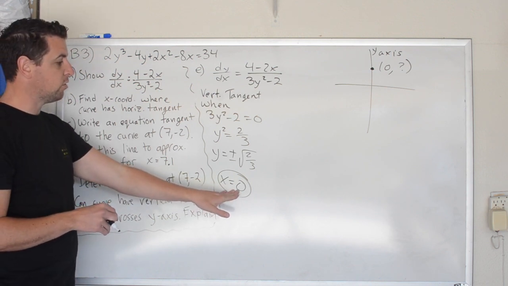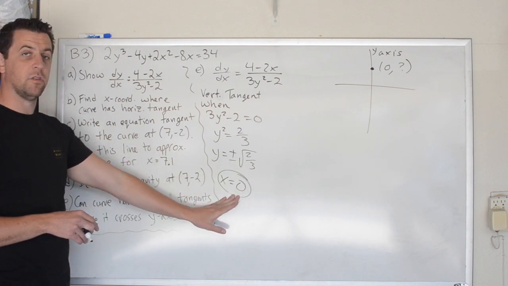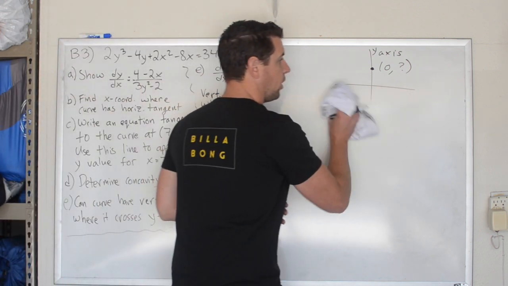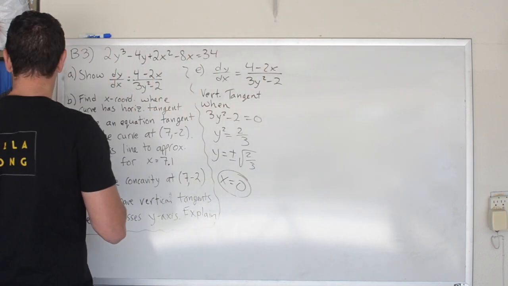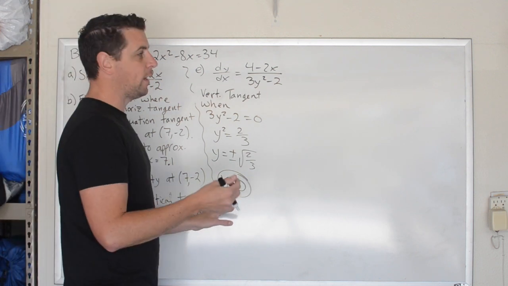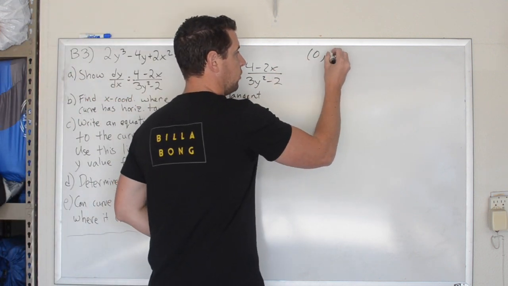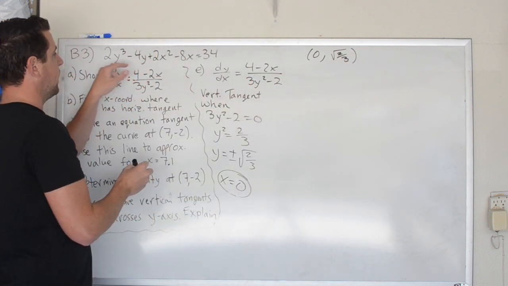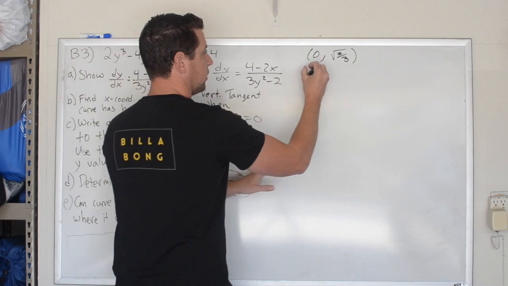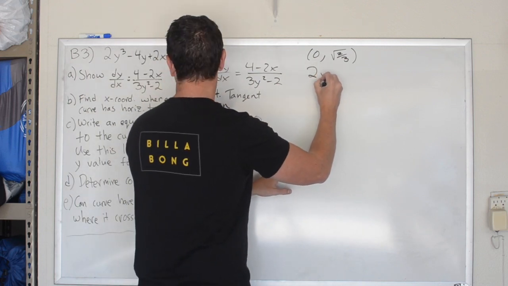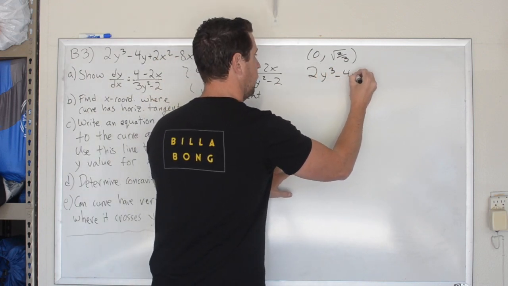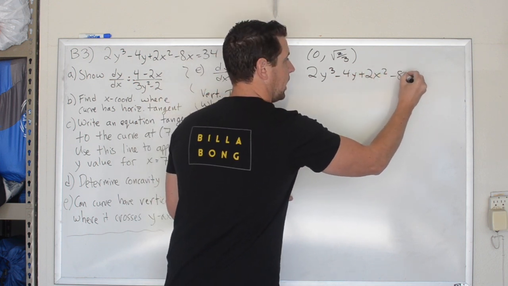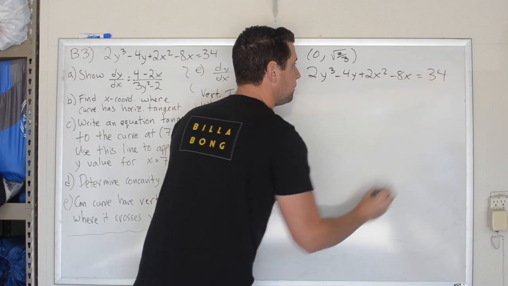So I'll try the point 0, radical 2/3, and I'll try the point 0, negative radical 2/3. If I was really cool, I would try them both at the same time. I'm not that brave today, so I'm going to try just 0, radical 2/3. That's putting it into the original curve, 2y cubed minus 4y plus 2x squared minus 8x equals 34.